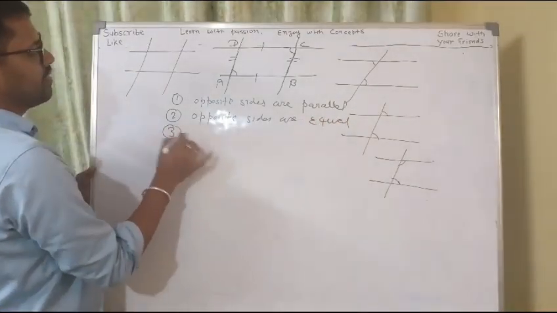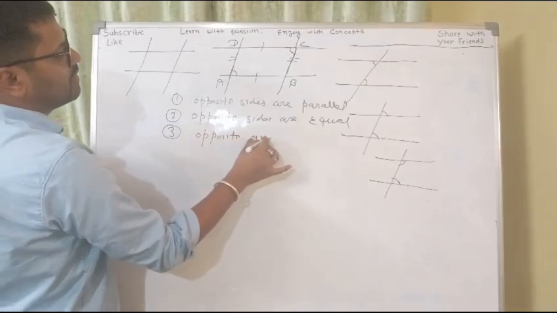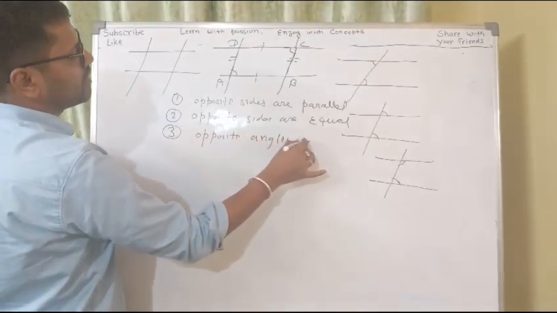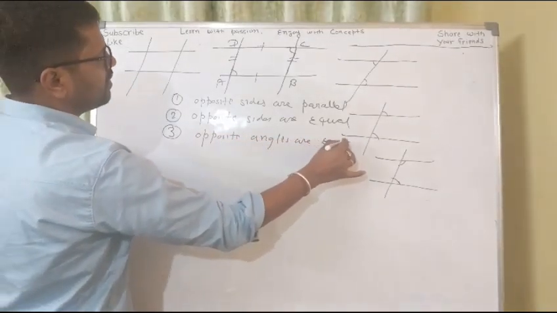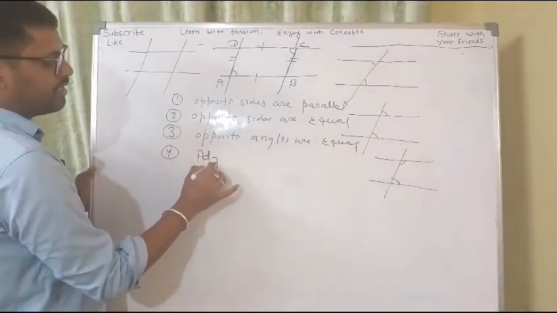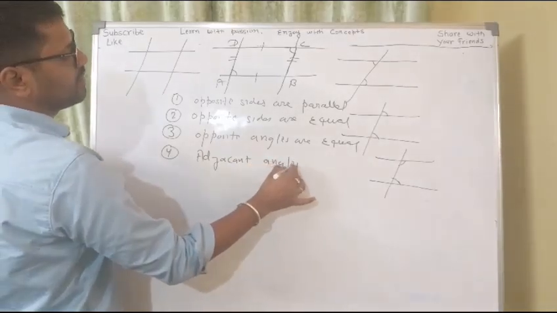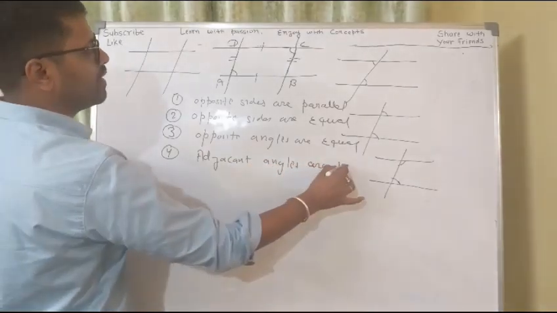Then we can say opposite angles are equal, and then we say adjacent angles are 180 degrees.